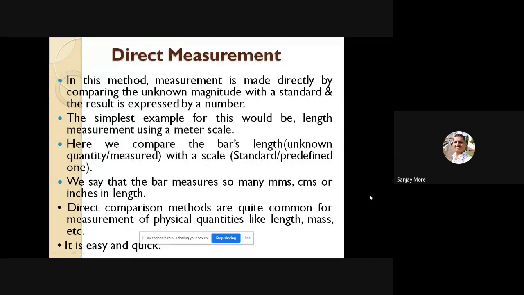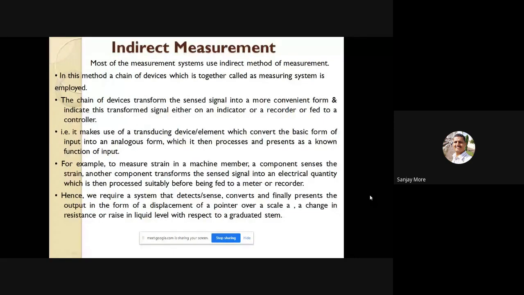In this method, measurement is made directly by comparing the unknown magnitude with a standard, and the result is expressed by a number. Then indirect measurement, or indirect comparison: the chain of devices which is together called a measuring system is employed.